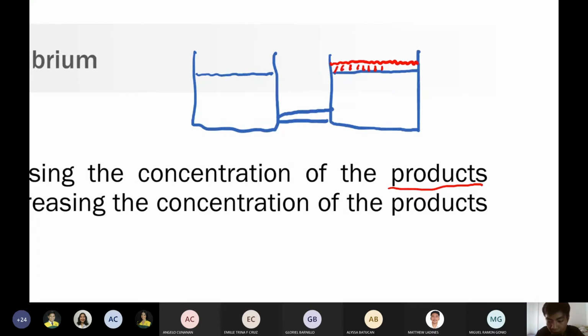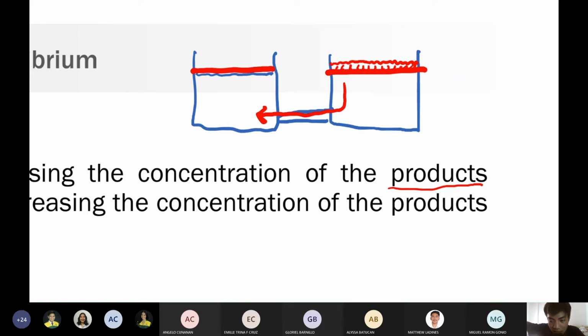So tataas yung water level. Anong mangyayari? Since gusto nga ng system natin ay i-balance yung water level, it will push the water to the left. Okay? So the atmospheric pressure will push the water to the left in order para maging balance na uli sila. Okay?